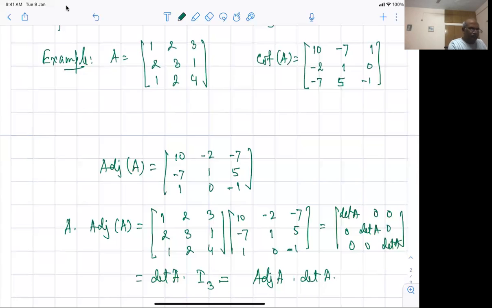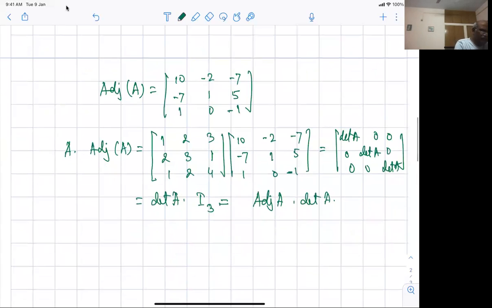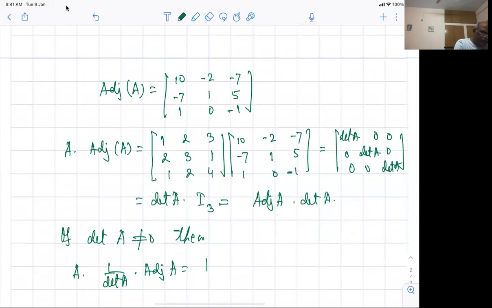And therefore, as a corollary of this idea, if determinant of A is not 0, then A times 1 upon determinant of A into adjoint of A is identity, which is same as 1 over determinant of A into adjoint of A times determinant times A. So this is also A here, and this is also A here.